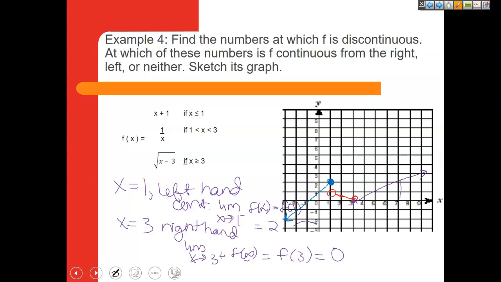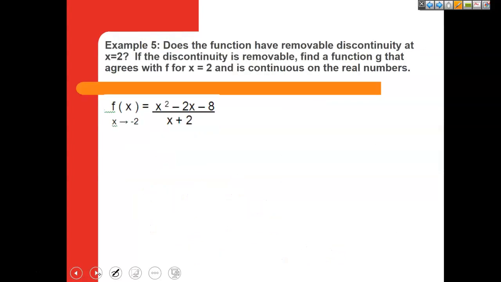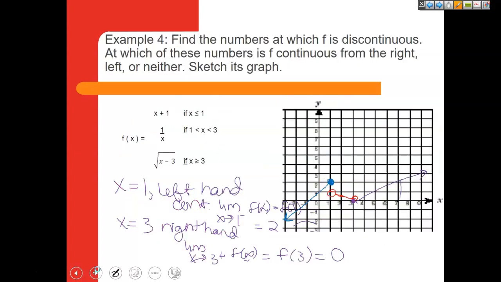Another one more. Yeah, sure. F of x. I'm so sorry.